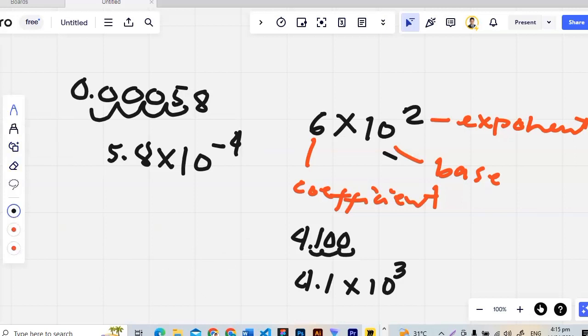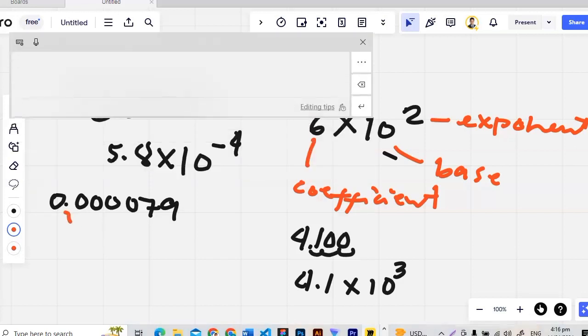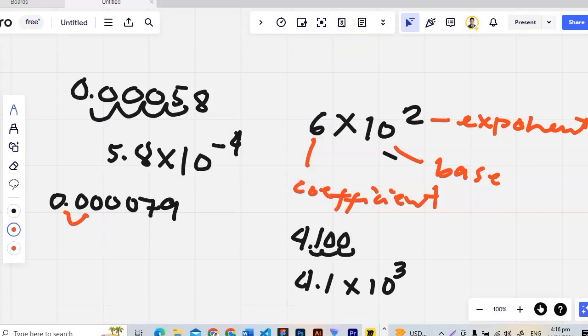Okay, let's have another one. Okay, how about this? Change this to scientific notation. So first you have to move this decimal point from the left to the right. 1, 2, 3, 4, 5.